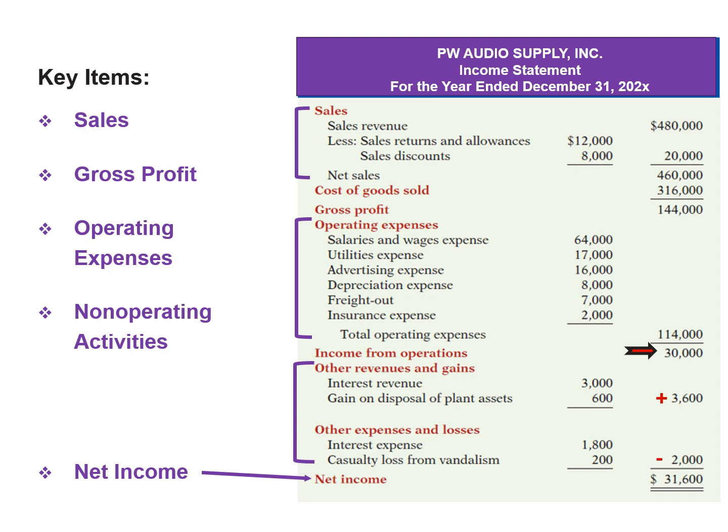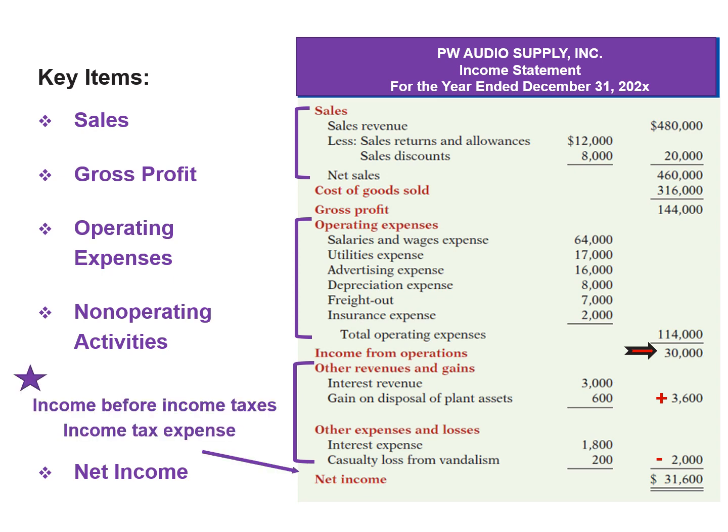$31,600. As stated earlier, companies often report income tax expense as a separate line item in the income statement right before net income. In this example, income tax expense has been omitted, as well as income before income taxes.